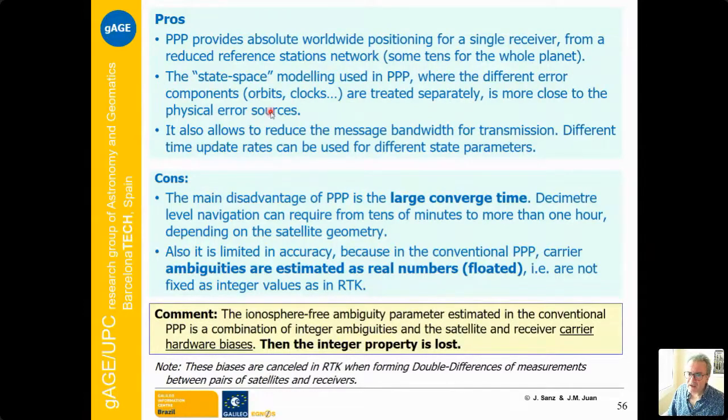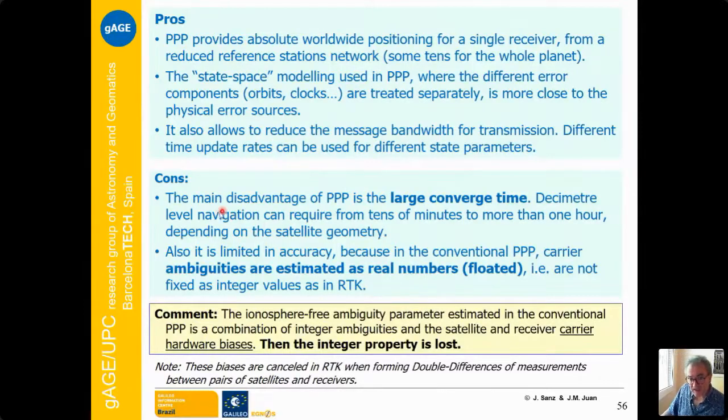The modeling is closer to the physics of the problem. We use what we call state space representation, where the orbits and clocks are estimated separately. This is closer to the physical error sources, and this allows broadcasting this information with reduced message bandwidth.